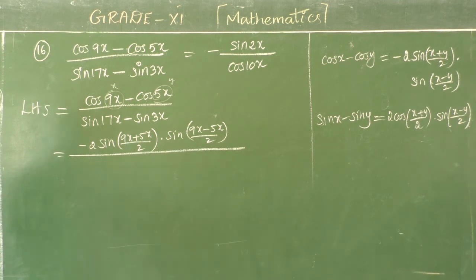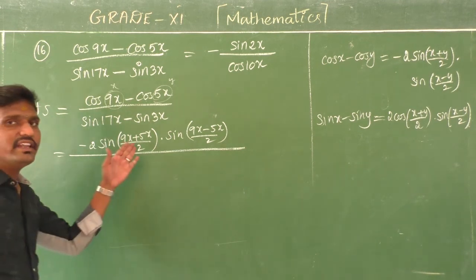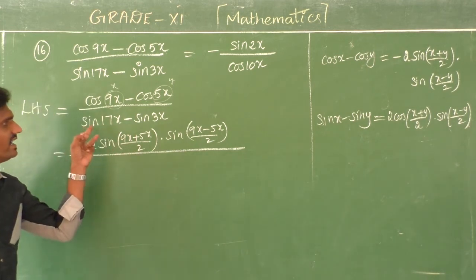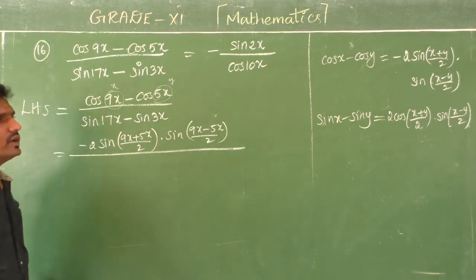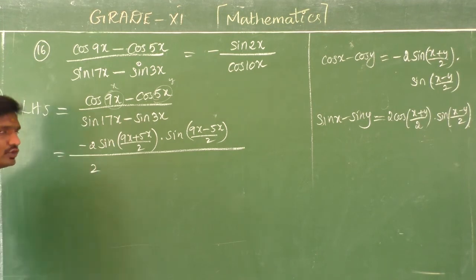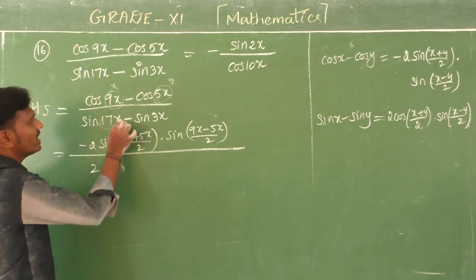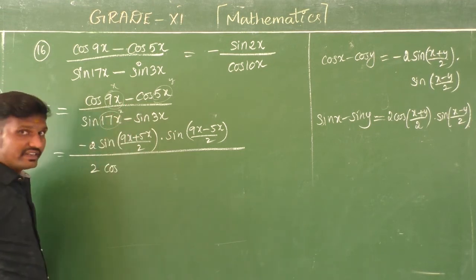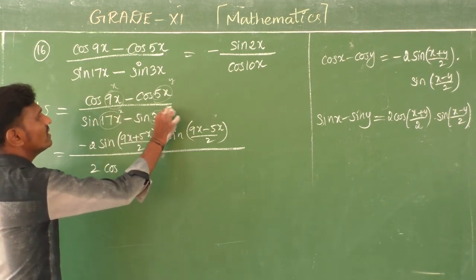Now coming to the denominator: sin 17x minus sin 3x. The formula for sin x minus sin y is 2 cos (x plus y) by 2 into sin (x minus y) by 2. Here I am going to consider x equal to 17x and y equal to 3x.